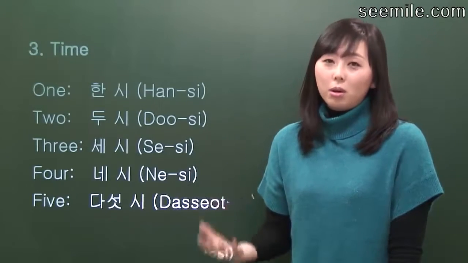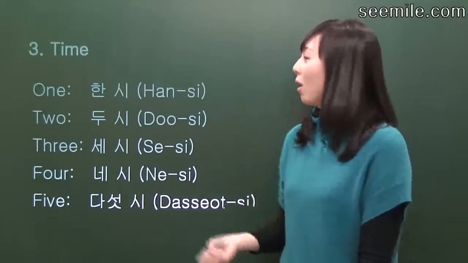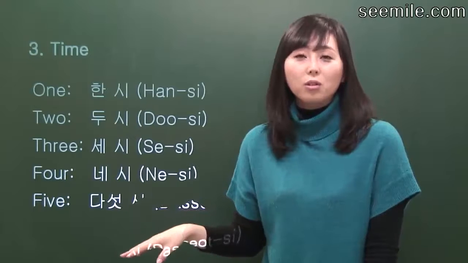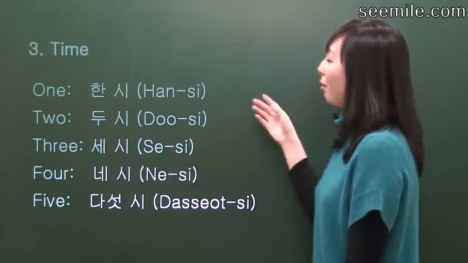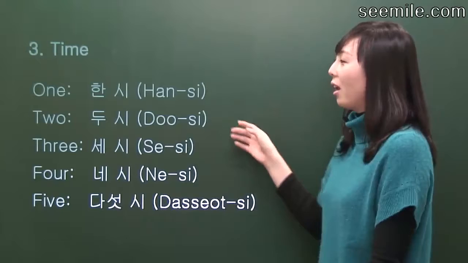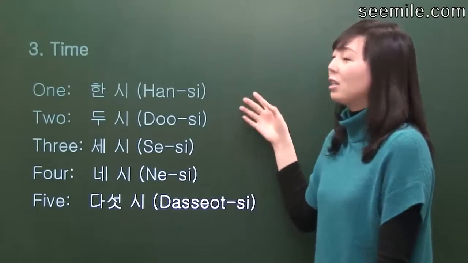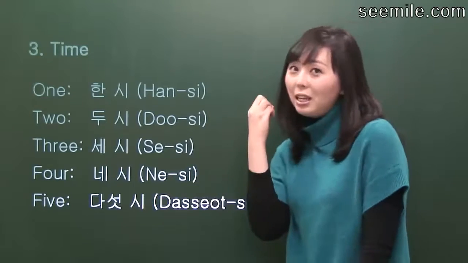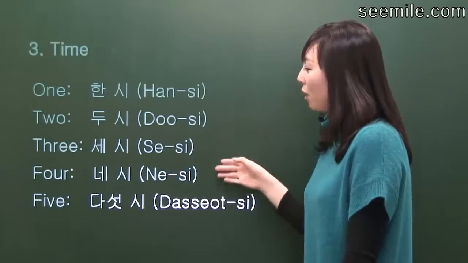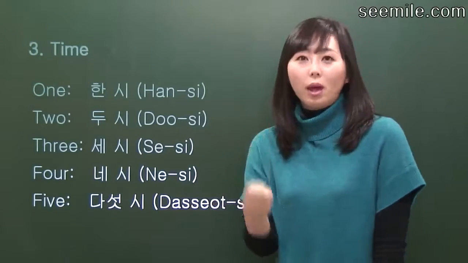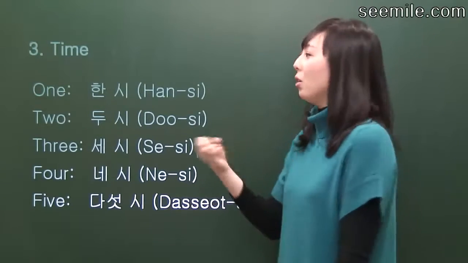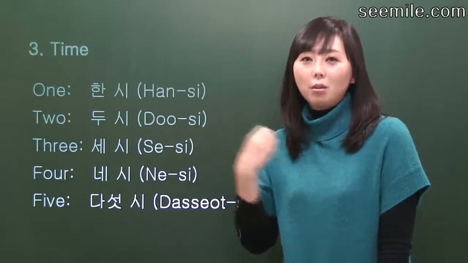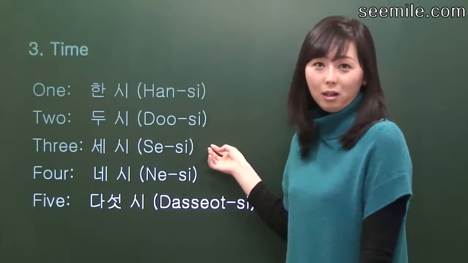It's okay, don't worry. I'm not asking you to memorize this all at once in your first trial. I'm asking you to understand that we have these numbers for time. If you're just getting used to listening, even when you have a meeting at 1 o'clock, 2 o'clock, and you can understand, oh, they want to see me at 1 o'clock, 2 o'clock.